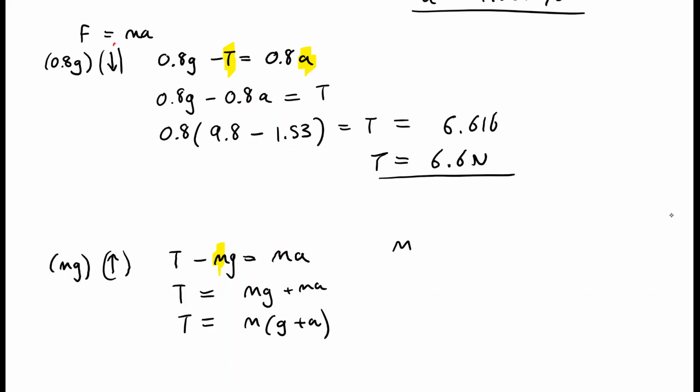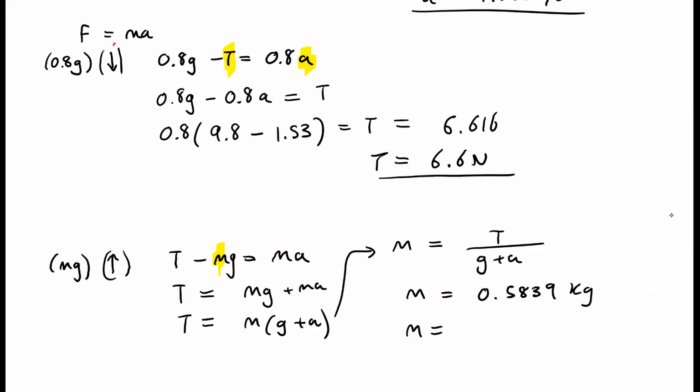So work back up here, m must be equal to T over (g plus a). 0.5839. It'd be sensible to quote this in grams, as the known mass was quoted in grams. So that's 584 grams.